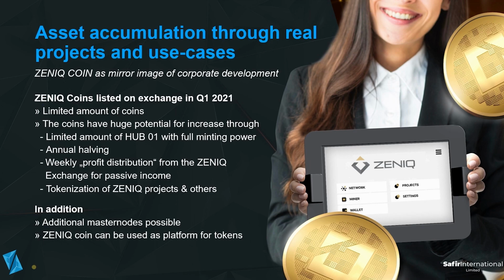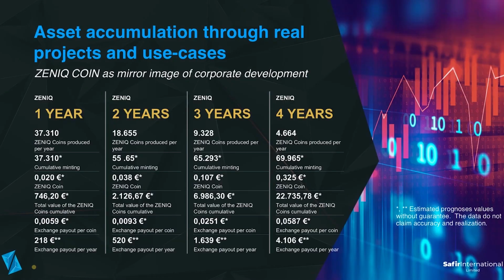Here we see a very cautious price prediction for the Zeniq Hub. If we're looking at year number 4, you have minted about 69,000 or let's say 70,000 coins after 4 years. And after 4 years, these coins have an approximate value of 22,000 euros and an exchange payout per year of 4,000 euros.